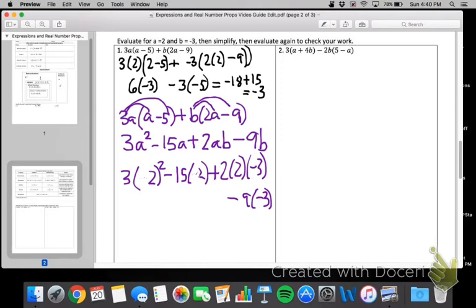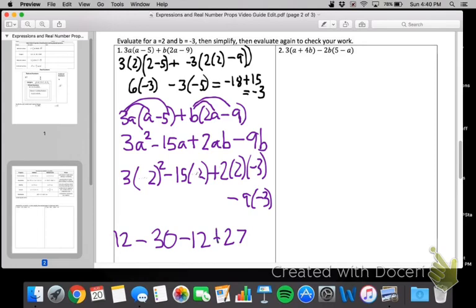And if we do this correctly, so 2 squared is 4 and 3 times 4 is 12. Negative 15 times 2 is negative 30. And then 2 times 2 is 4. 4 times negative 3 is negative 12. And then minus 9 times negative 3 is minus negative 27, plus 27. 2 negatives make a positive.